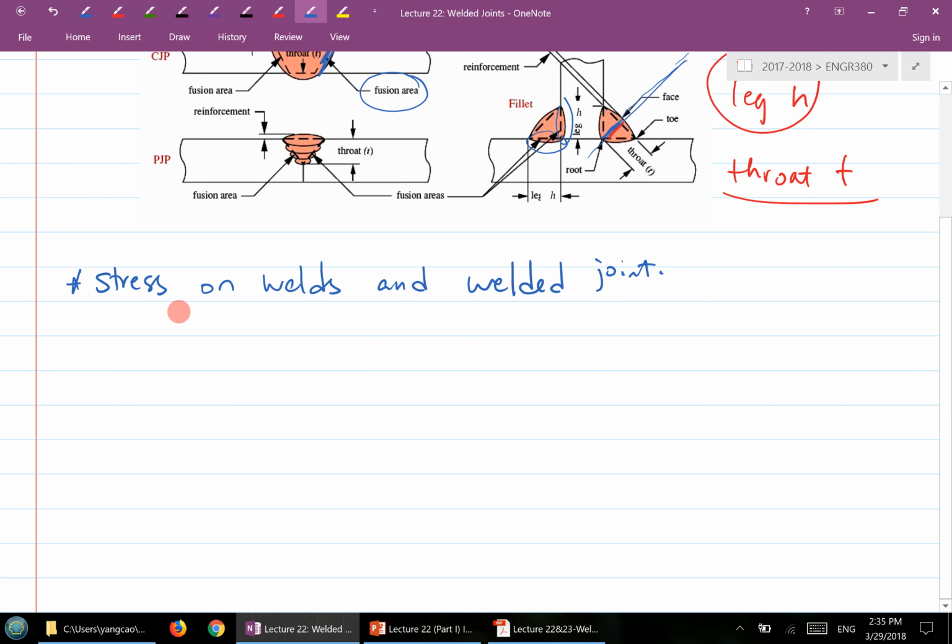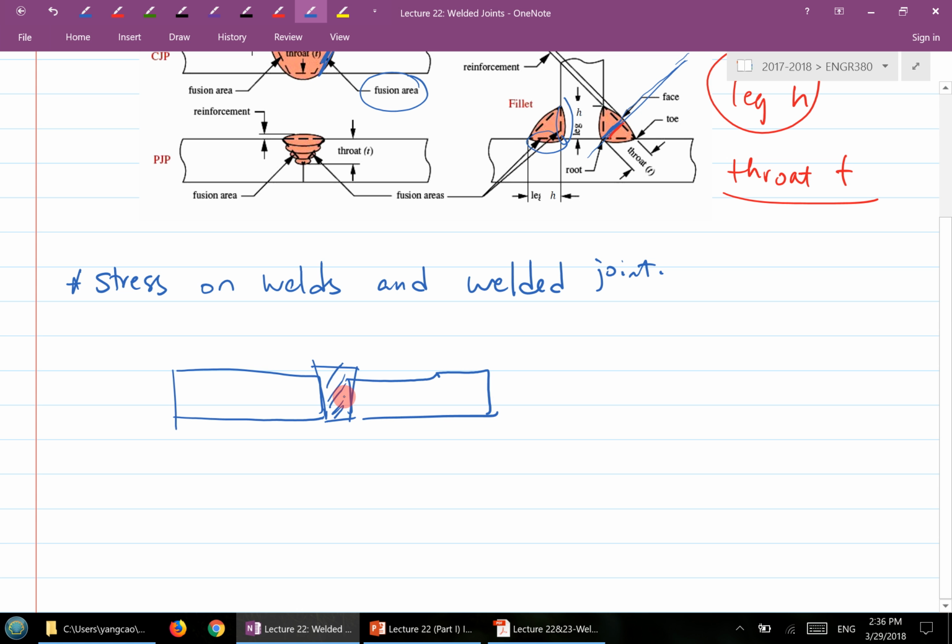So let's say I have a situation like this. You have two plates, and you're trying to weld them together here.